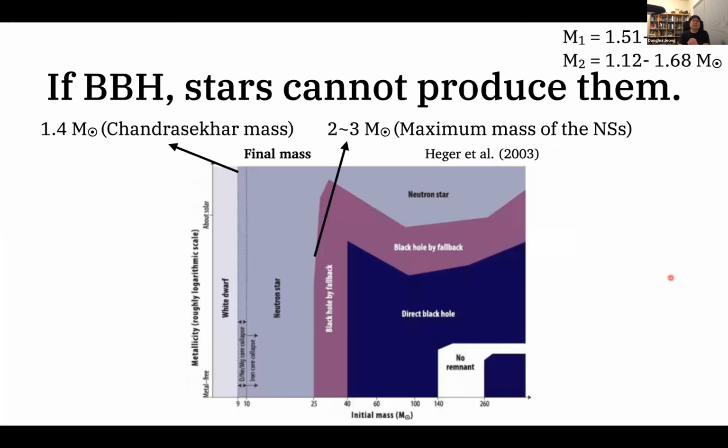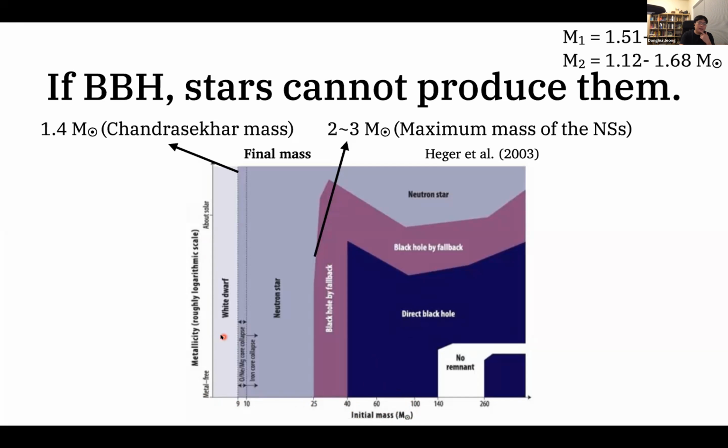The masses that we measure from gravitational waves are between 1.5 and 2.5, and 1.1 and 1.6. From stellar evolution models, we have quite a good understanding of the fate of main sequence stars. For example, this plot shows the fate of a main sequence star as a function of its initial mass, the mass in the main sequence phase, and metallicity.